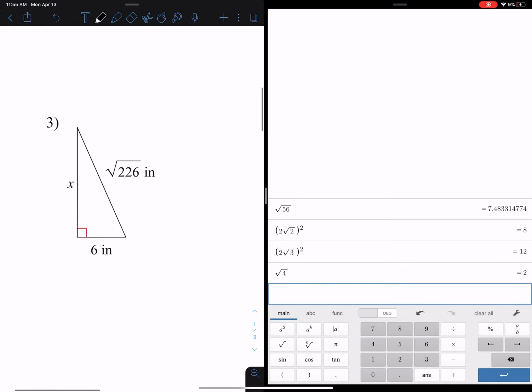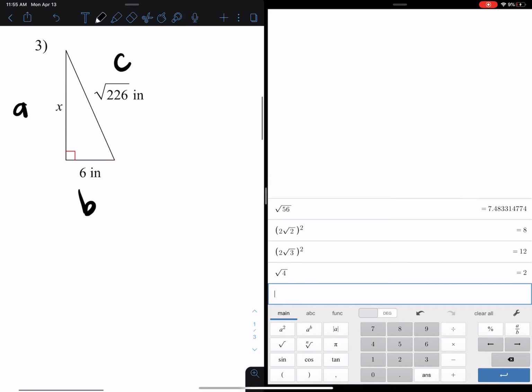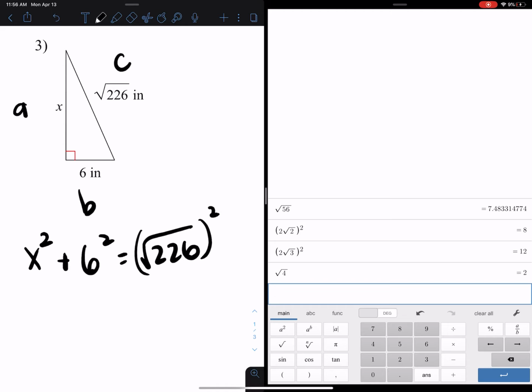Okay, on the next one, this is C, and I'll label this one as A and B. So we have X squared plus 6 squared equals the square root of 226 squared. So like I said, this square and the square root, they just cancel each other out. So we have X squared plus 36 equals 226.